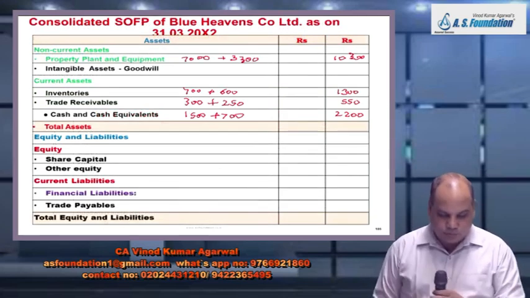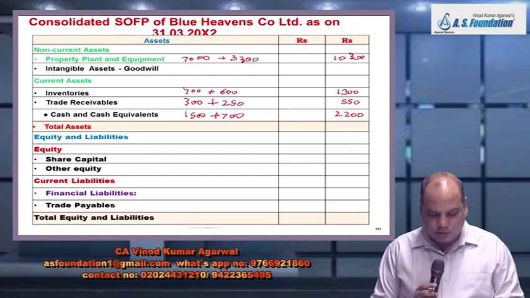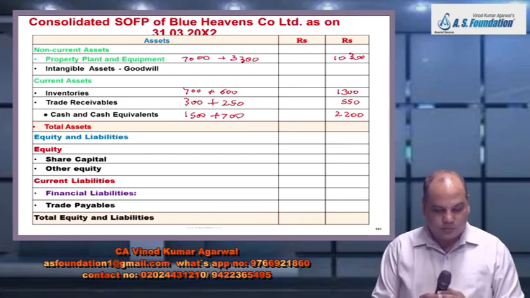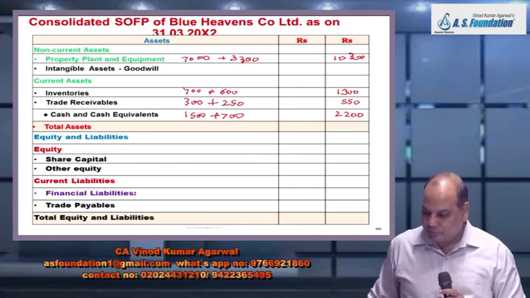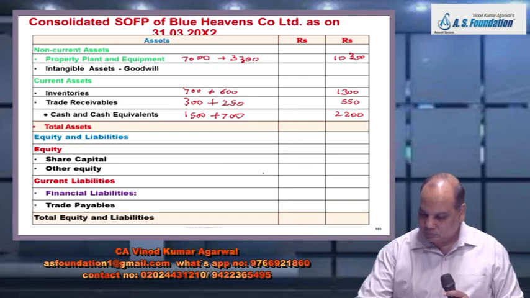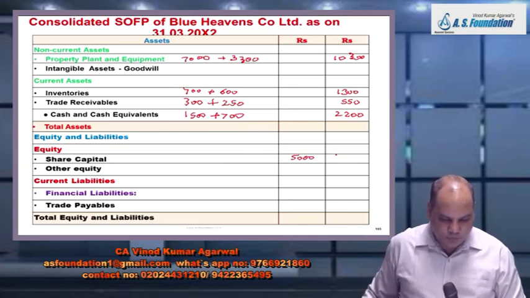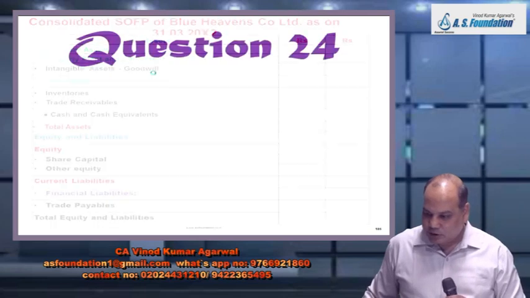Then you come to equity and liability side. Equity and liability, share capital, write 5,000. Other equity, 10,200. We'll first write in this format.